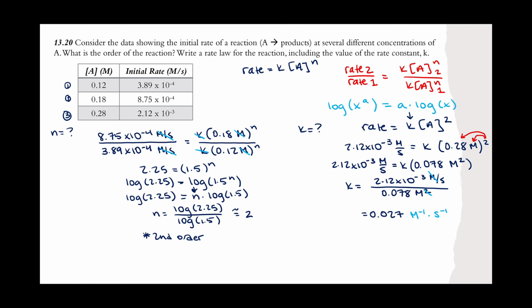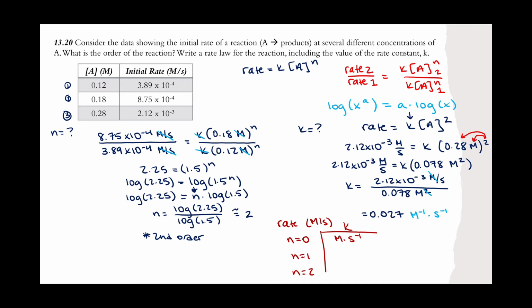The units for K, or the rate constant units, will change depending on the reaction order. As you will go on to see, if you have a reaction order of 0, your units will be molarity times inverse seconds.